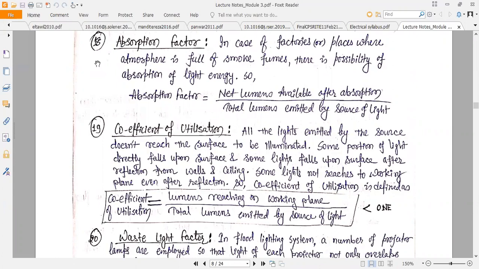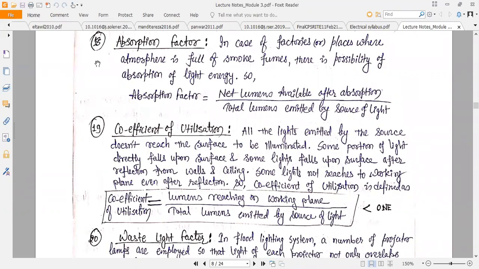Then if you switch on a light source, you will not be able to see a particular object as clearly as when the atmosphere is clear. That means there is some absorption of the light, that means the light intensity is not falling upon the object.